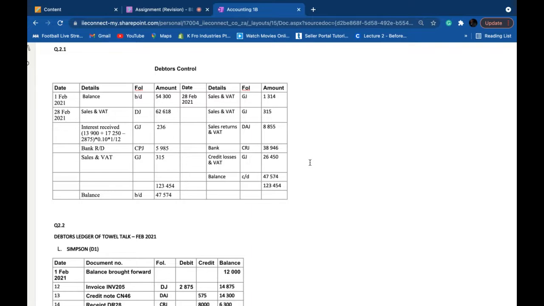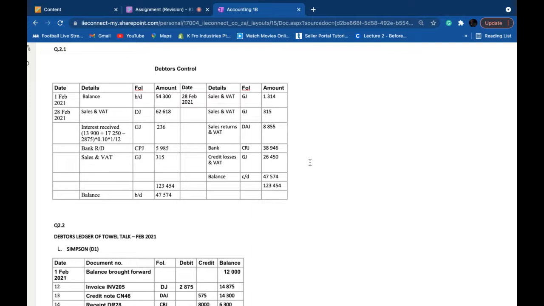So we now need to take off 5,985, which is what we've done over there. Can you see there? Bank, and then you just put RD, and you can put RD check if you want to. Cash payments journal, because remember an error in the cash receipts needs to be rectified in the cash payments journal. So that's why we've done it there.